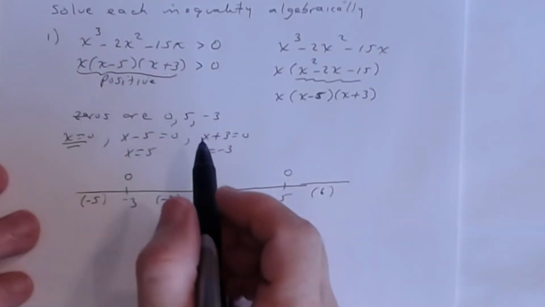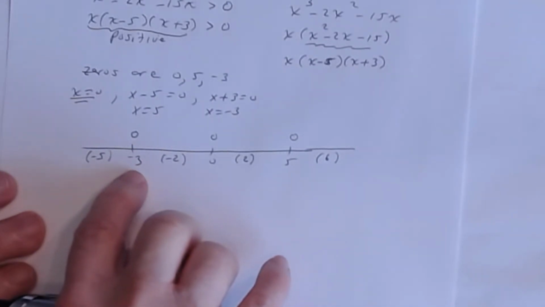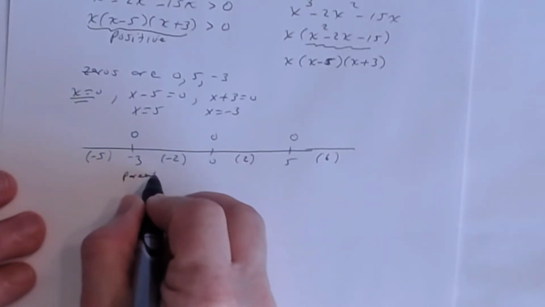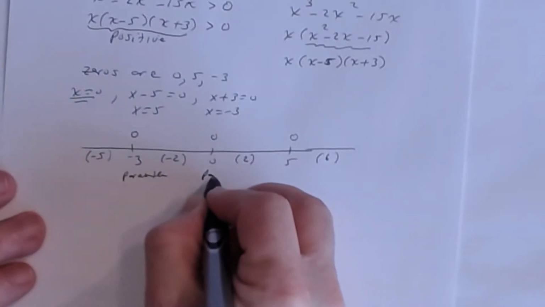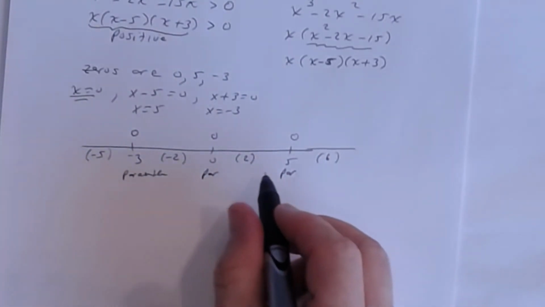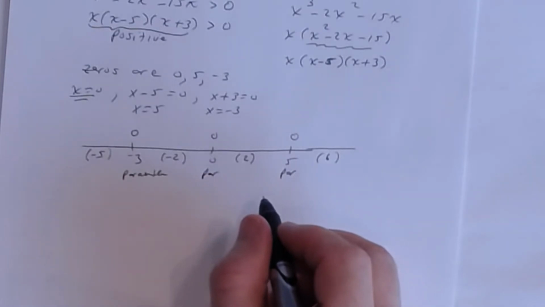Since there's no equal sign, that means that when I put this in interval notation, I'm going to have parentheses around those zeros. I'm going to call it PAR from now on to save some room. So parentheses, parentheses, parentheses. You'll see what I mean by that when I get to that point.